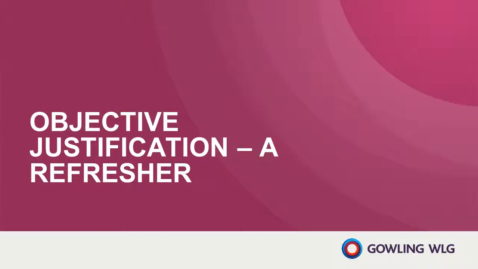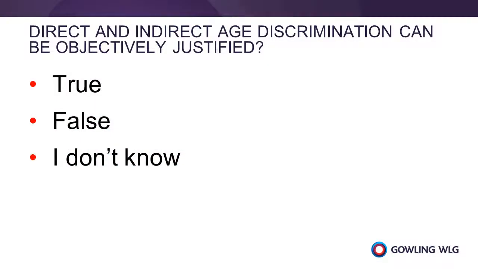Yeah, so this is labelled Objective Justification, a refresher. So we'll just go over to that poll now. And what we're asking you is, can both direct and indirect age discrimination be objectively justified? The options should be there on screen for you: yes, no, or I don't know. So you just fill in one of those and let us know your response.